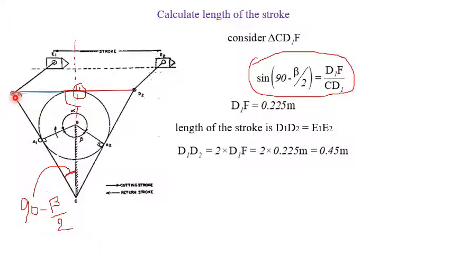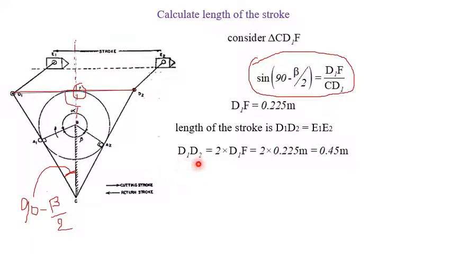Please understand, these are the corresponding points which are connected to the ram. During the motion from E1 to E2, D1 will move from D1 to D2. Therefore, the length of the stroke is D1D2, which equals E1E2.